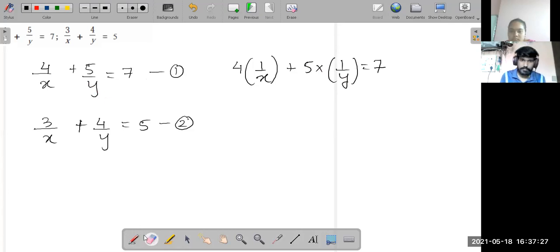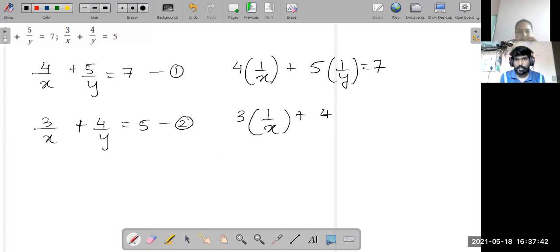Is this clear? Yes? Okay. Same thing for the next equation. We'll have 3 into 1 upon x plus 4 into 1 upon y is equal to 5. Name this 3 and this 4.